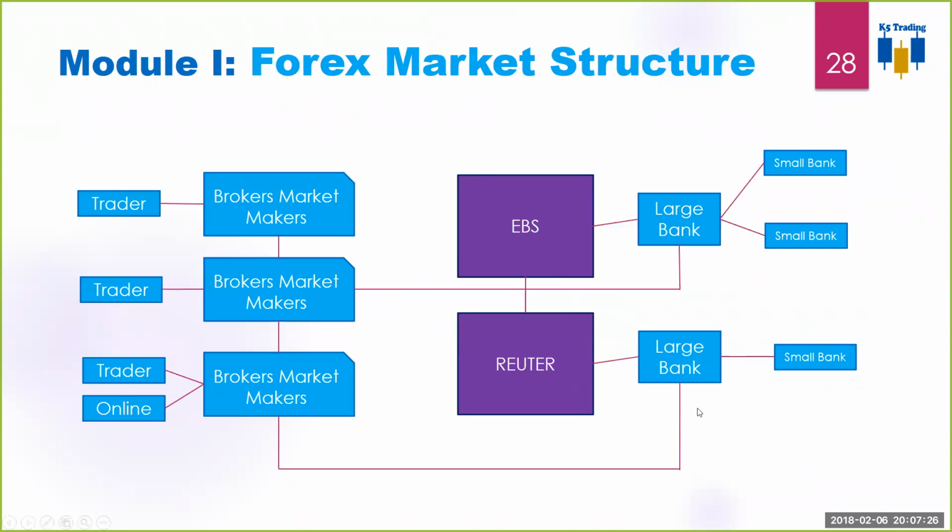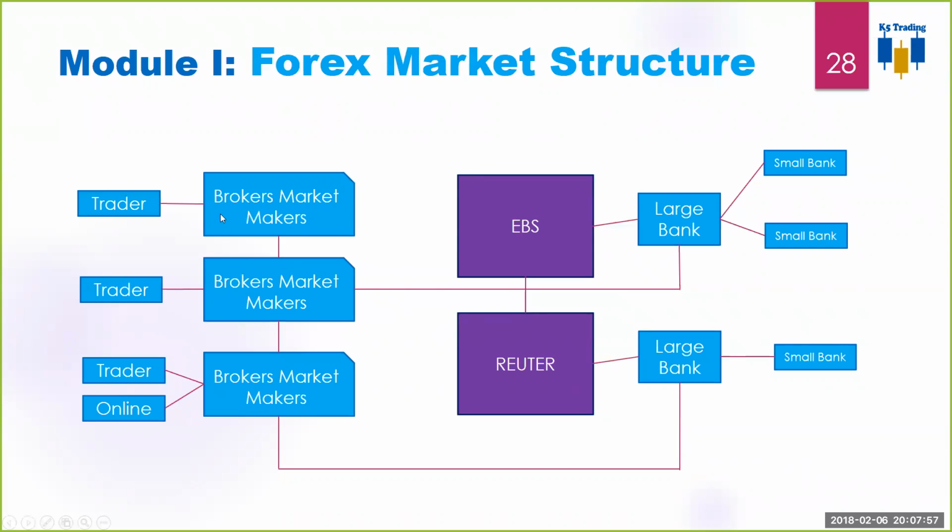Sometimes those brokers have millions of customers within their own network. So if a trader puts a buy order for Australian US dollar and another trader within their own network puts a sell order for Australian US dollar, then they will settle these two traders' deals within their own network. That way the broker doesn't have to pay any commission or spread back to the large liquidity provider.